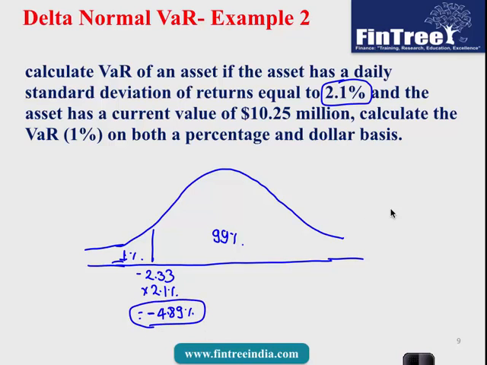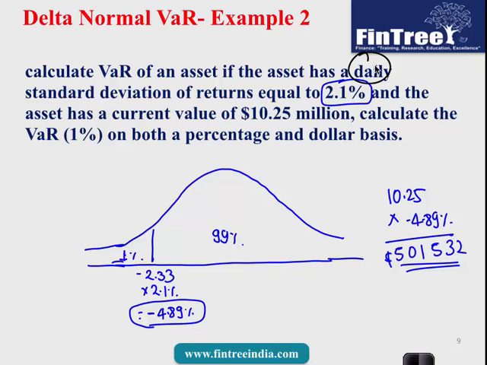And in terms of amount, it would be 10.25 million into minus 4.89 percentage, $501,532. Again, interpretation is there is a 1% chance, is it daily, that on a single day your losses will exceed beyond 501,532. There's a 99% chance that your losses will be less than 501,532, or you will have a profit.